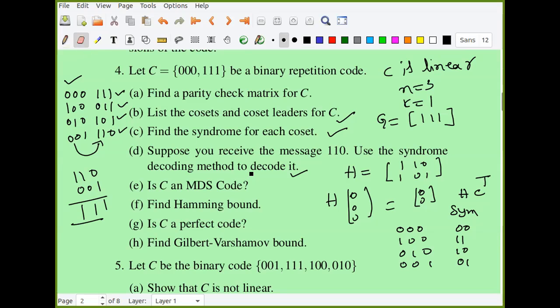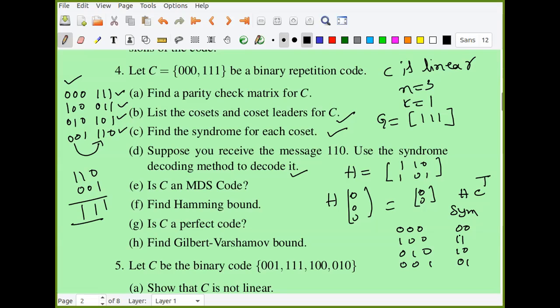Are all of you clear about what we are doing? What he is asking is this: for 110, since the table is available here, why do we need the syndrome? Directly from the table, the coset leader is 011, and I subtract. But in general it is very difficult to construct the table, so we compute it directly by syndrome.